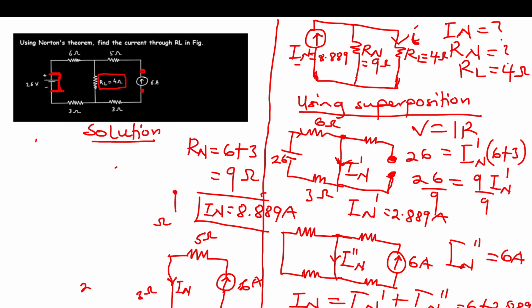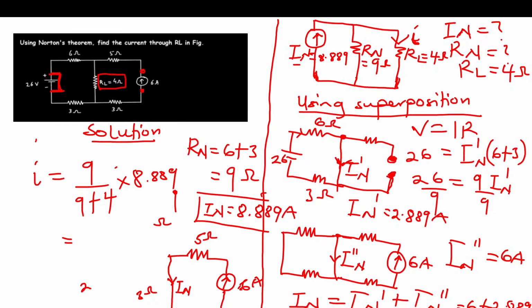Now we know IN, so we can use current division to find that current. So I is equal to, in current division, anytime we have two resistors connected in parallel, we consider the other resistor. So in this case, we have 9 over 9 plus 4, that's the load resistor, times the total current being shared, 8.889.